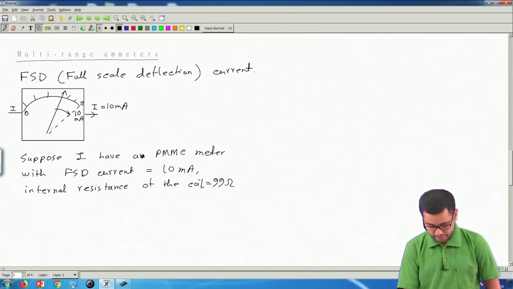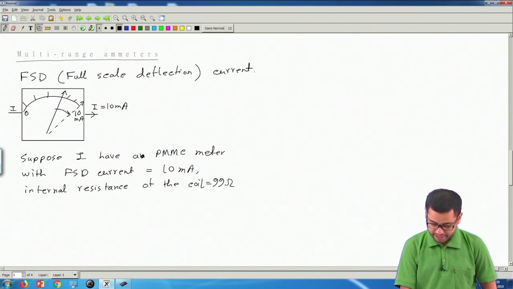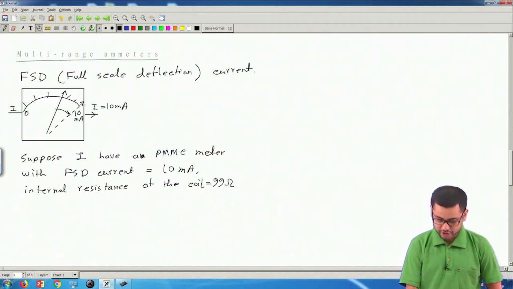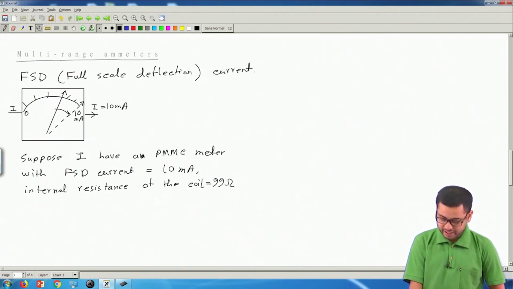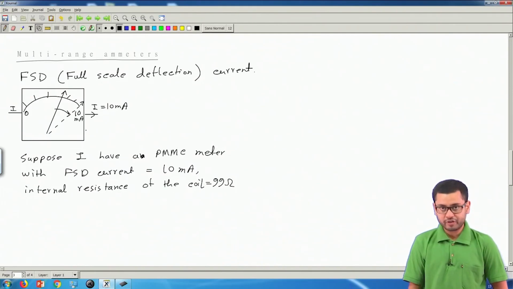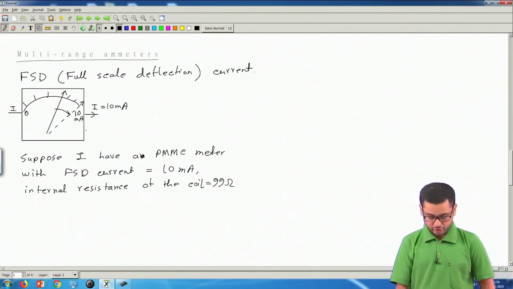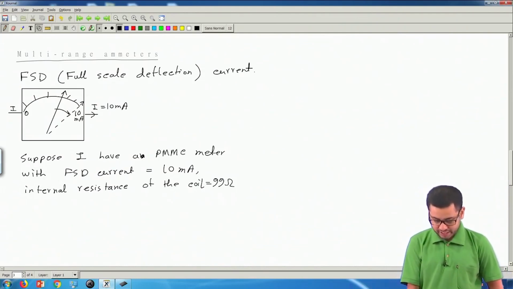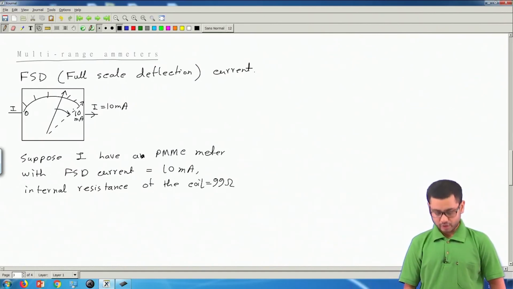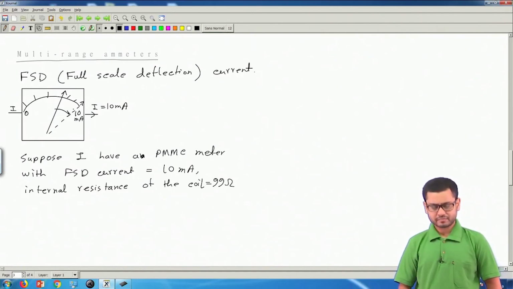If this is my 10 milliampere marking, then if I pass 20 milliampere current, the pointer will also come here. If I pass 30 milliampere current, also the pointer will come here, because the pointer cannot move any further. The meter can also get damaged because of excess current, that is a different issue, but we cannot measure more than 10 milliampere current directly with this meter.